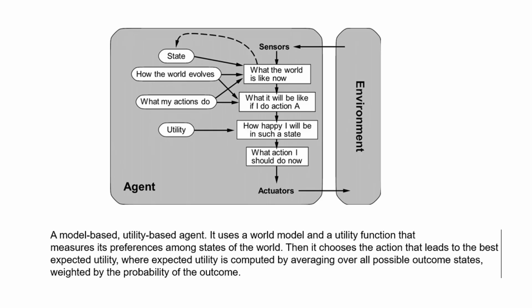So next is decision making. So there, what action should I do now. So the agent calculates expected utility for each action and chooses the action with the maximum expected utility. This is the core of this utility-based agent. And then we have actuators that execute the selected action in the environment. The environment changes and the cycle repeats.